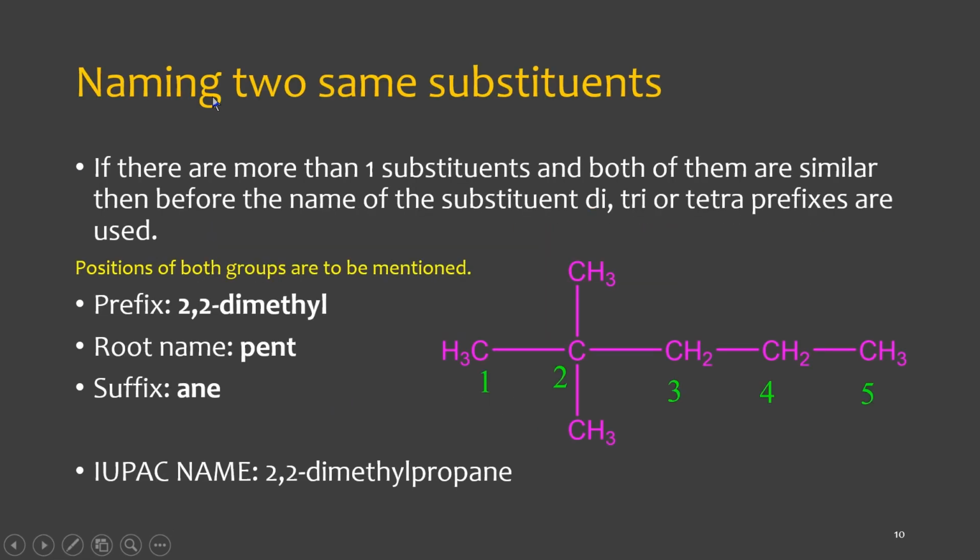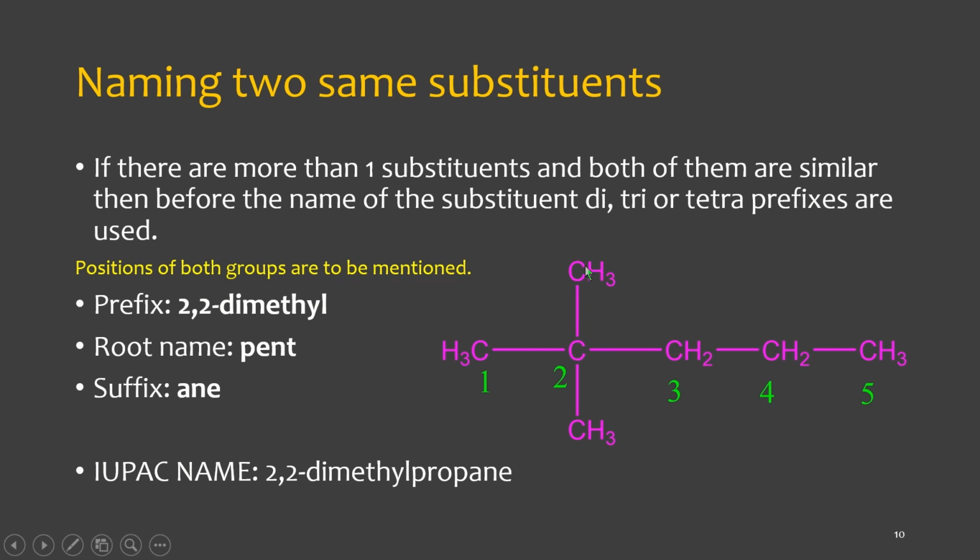Okay, if there is more than one substituent and both of them are the same, then before the name of the substituent, the prefixes di, tri or tetra are used. Let's look at this example. The numbering will start from this side, closer to the substituent. 1, 2, 3, 4, 5. It's a 5 carbon chain, so it's pentane, and it has 2 methyl groups, both at the same carbon, carbon number 2.